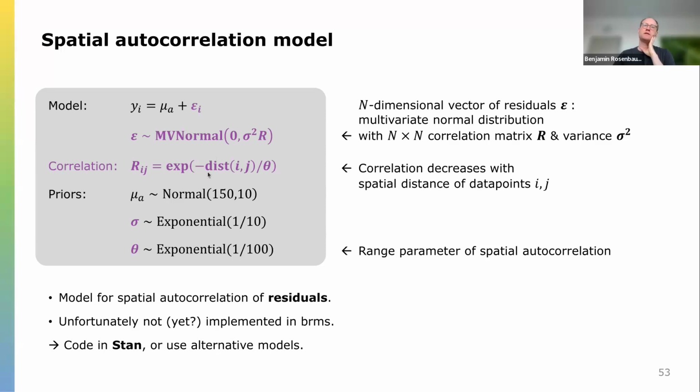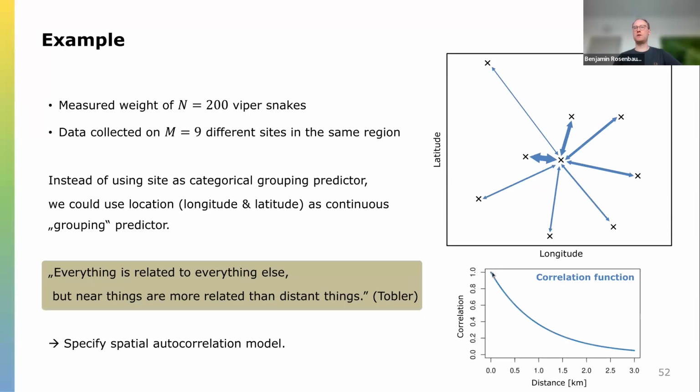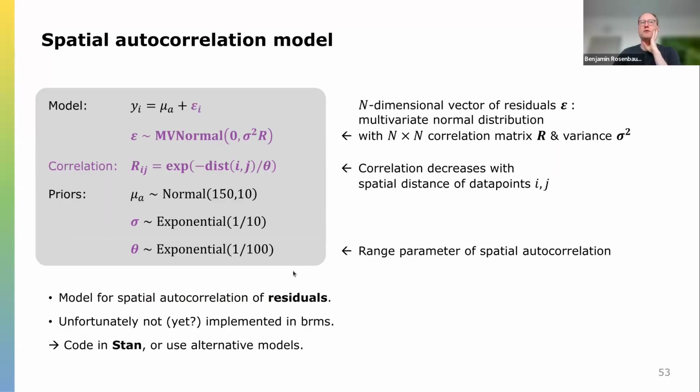This is an exponential function decreasing with distance, and it has an additional parameter, theta. This just determines how fast this correlation function declines. This would correctly describe that the residuals are not independent. We have the parameter sigma, which is again the standard deviation. We have this additional parameter theta, which is how quickly the correlation drops with distance. So that's one model for spatial autocorrelation of residuals.